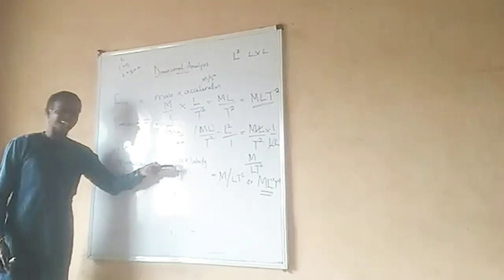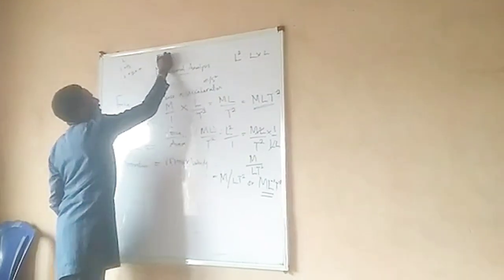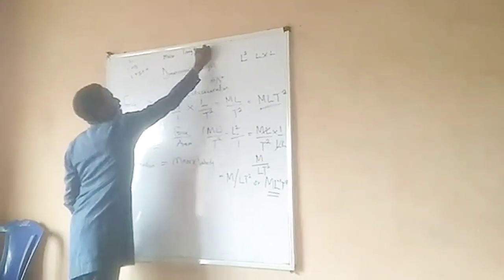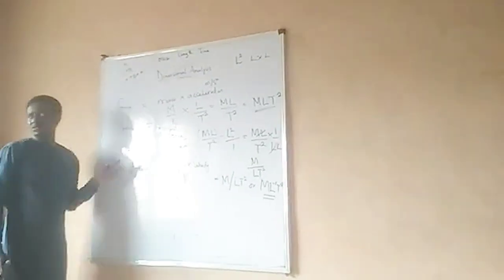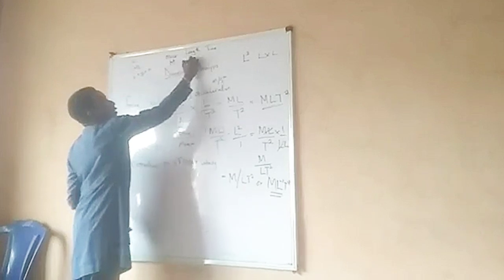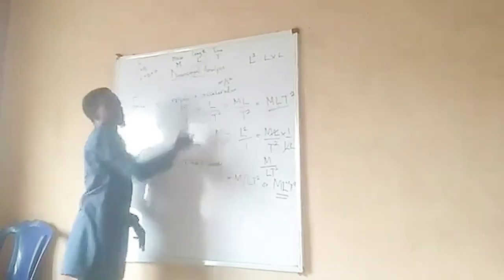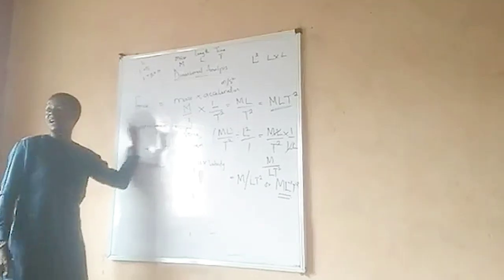Mass, length, and time are the three fundamental quantities we use for dimension. M, brilliant. This is represented with M. This is capital letter L. This is capital letter T. So the combination of all these will give rise to derived quantities.